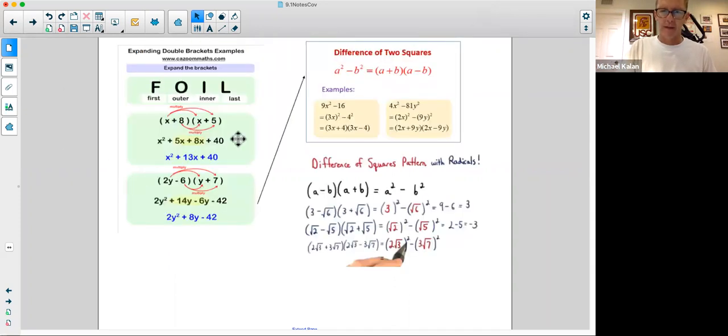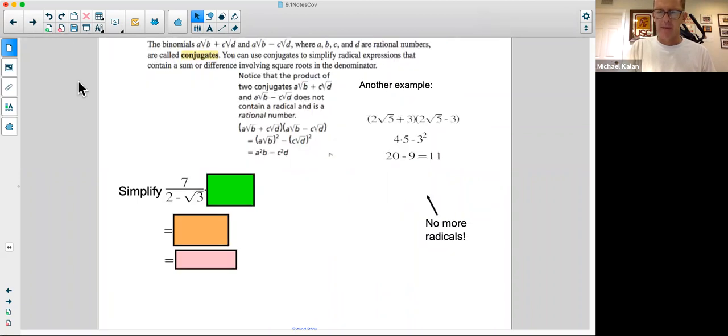I can show you that. Difference of two squares: a squared, negative ab, positive ab, those cancel out, and then minus b squared. We're going to be using that.